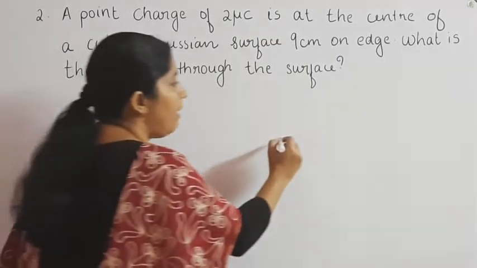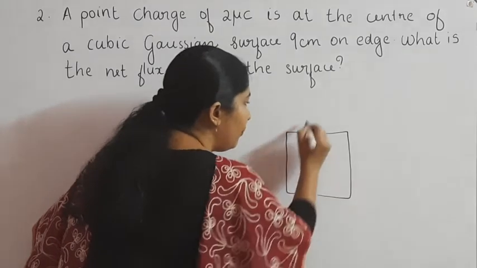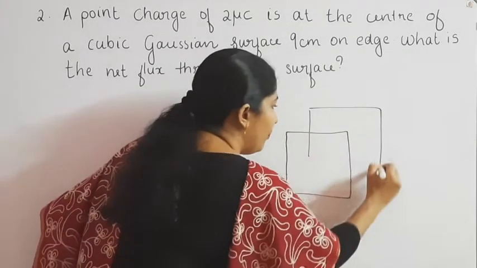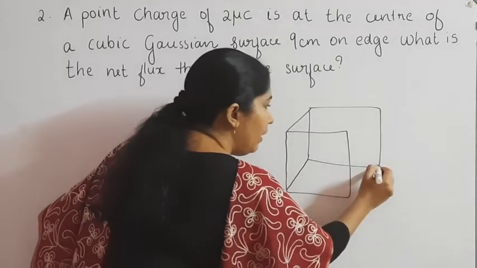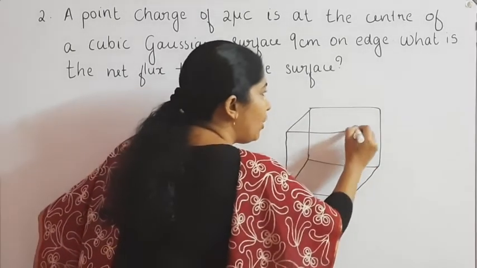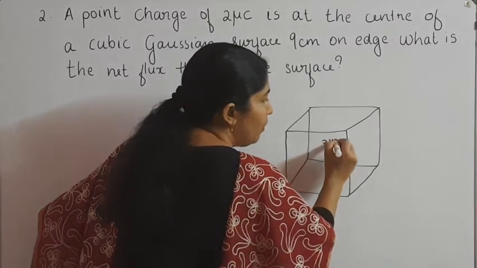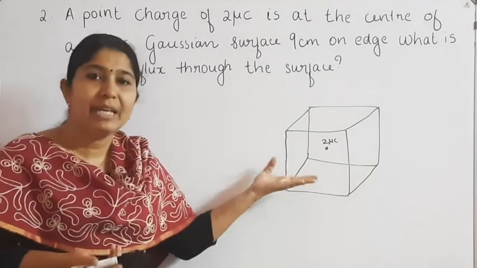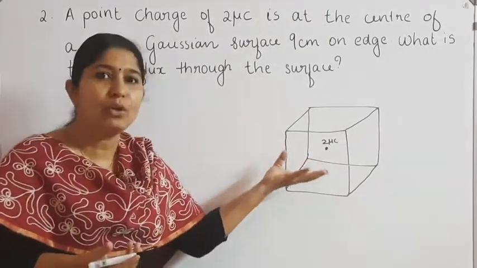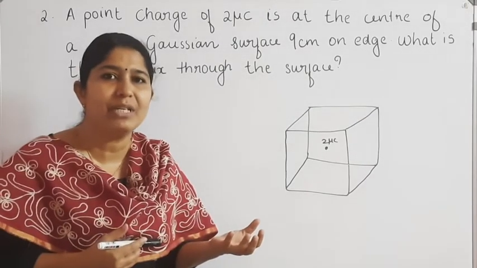Here we have a cube, and at the center of this cube, a 2 microcoulomb charge is placed. From this, it is very clear that the charge is enclosed within the cube.